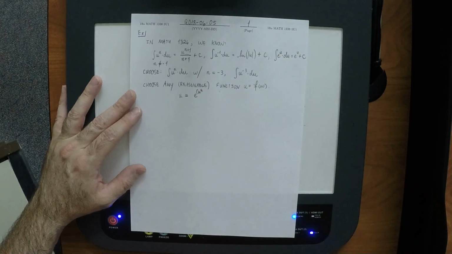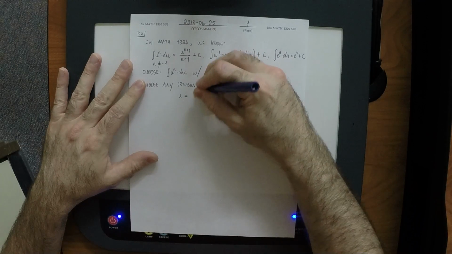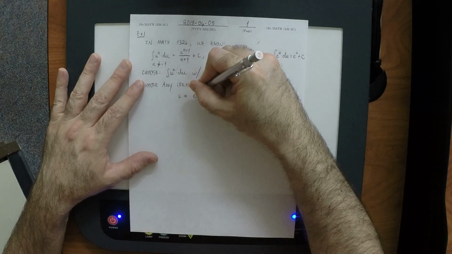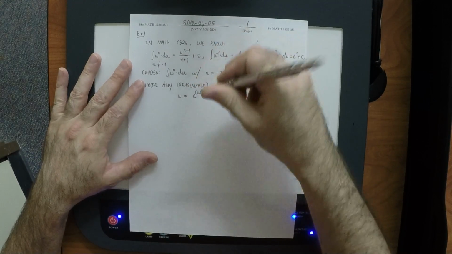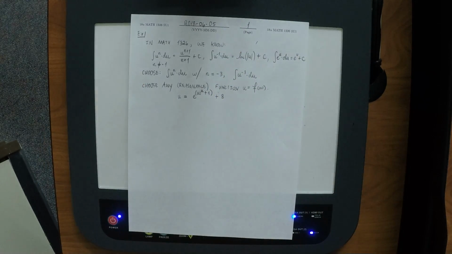No, it needs to be w. u can't be on both sides. So u equals exponential of w squared plus 1, and then plus 8 or something. So that's some nice function u.